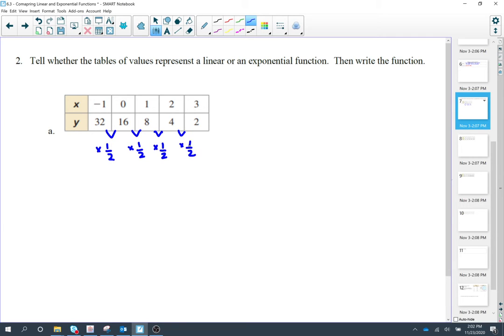So every time you're cutting the number in half. Now, the question is, is that a common difference or a common ratio? That is a common ratio because we're multiplying. And if it has a common ratio the whole way across, this is exponential.